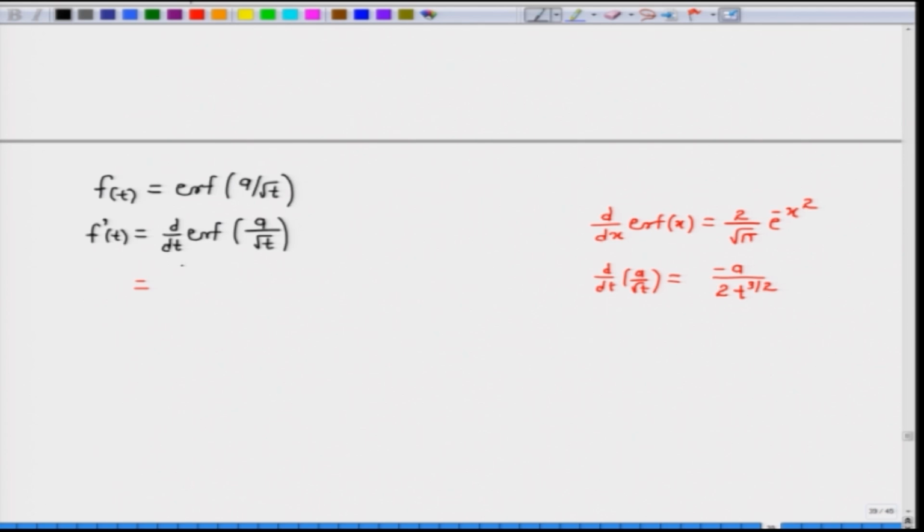So, if we now evaluate d by dt of error function a by root t, that should be minus a by 2 t to power 3 by 2 times the derivative of error function, which should be 2 over root pi times exponential minus a square by t.